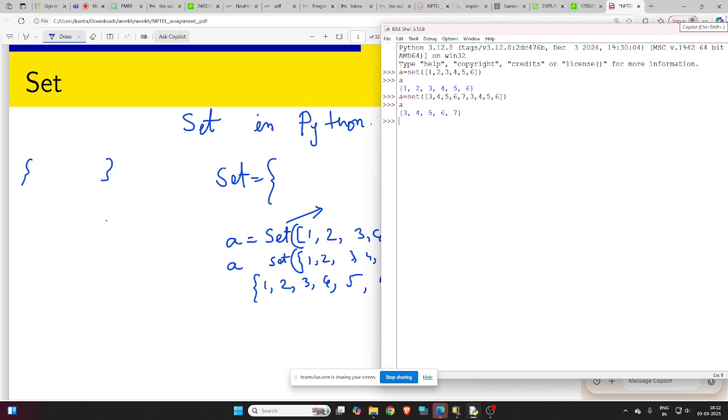One property is that whenever we write something as a set, we have to clearly mention set, then the first bracket, and within it whatever we want as a set. This is the first property. The second property is that if there are duplicate numbers or duplicate strings inside the set, they will be removed by the set. I will show you another example.